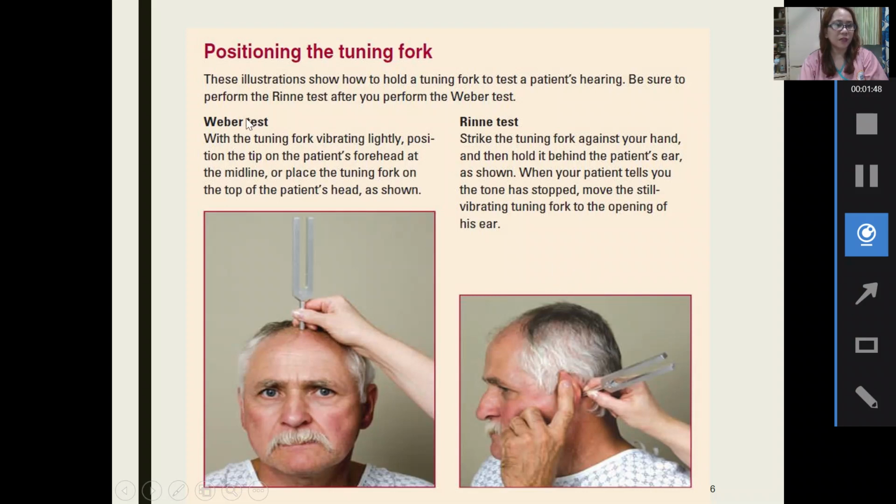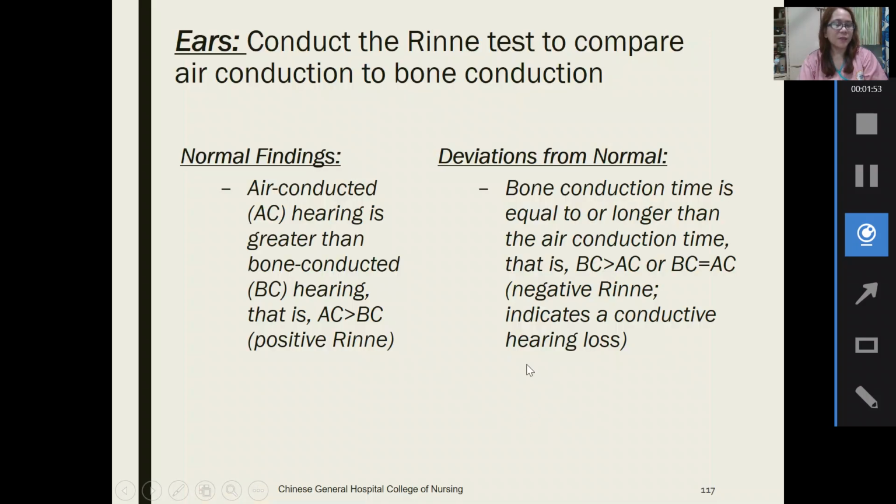So, ang difference ng Weber's test and the Rinne's test. Okay. So, conduct the Rinne's test to compare air conduction to bone conduction. Okay.